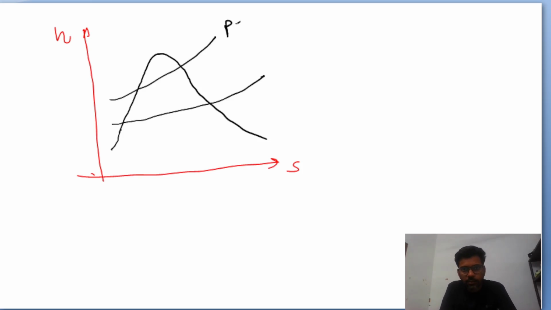So this is the constant pressure line. Now if steam is saturated, then this point is 1 dash and expansion goes this way.